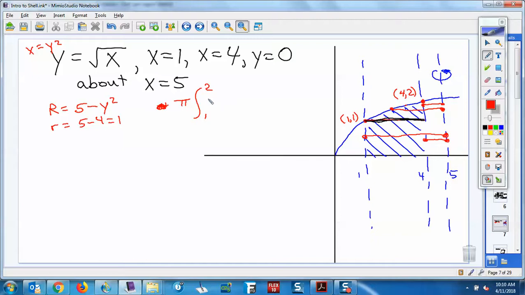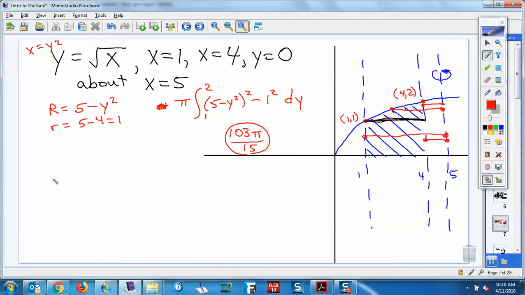And then pi, and this will be big R squared minus little r squared, right? And I think that comes out 103 pi over 15, if I remember what the other class said. Now I don't really care about typing it in right now. Hopefully we can all do that. But if we can't get set up, it doesn't matter how good you are at typing it into your calculator.